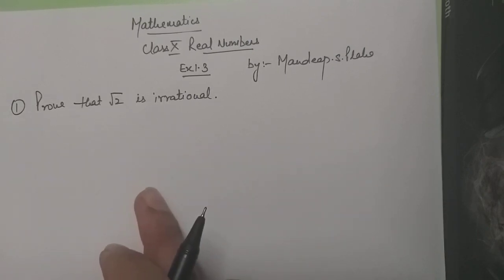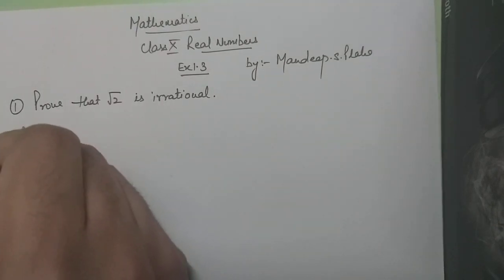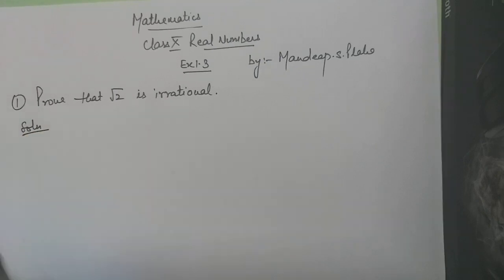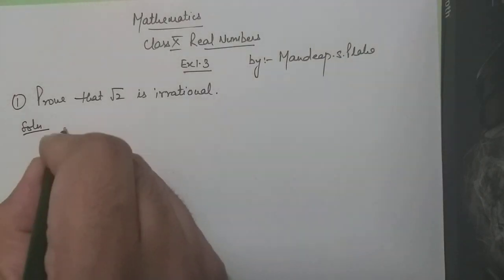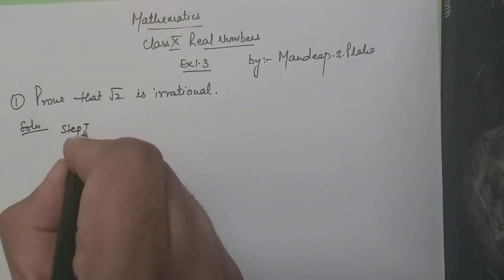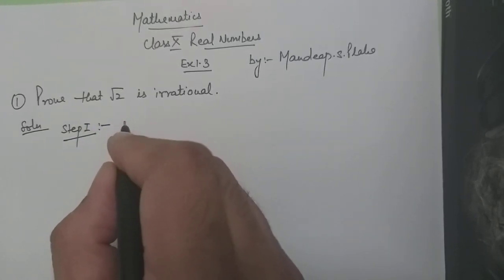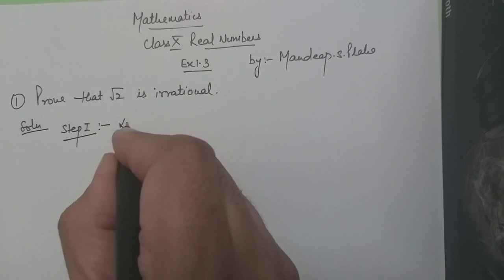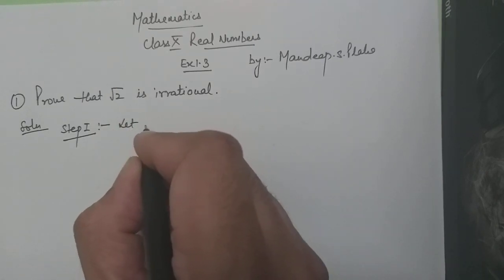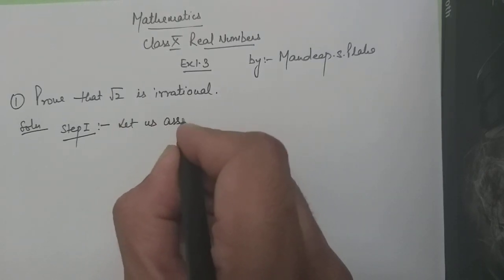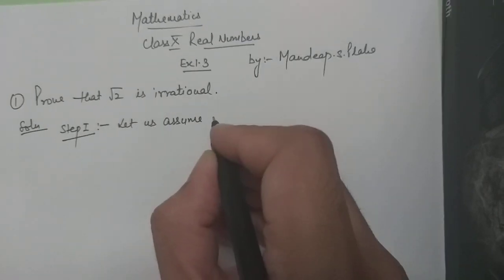So what we need to do to prove it irrational is, first of all, assume the contrary. The first step is to assume it is a rational number. Please focus on the step which I am writing.